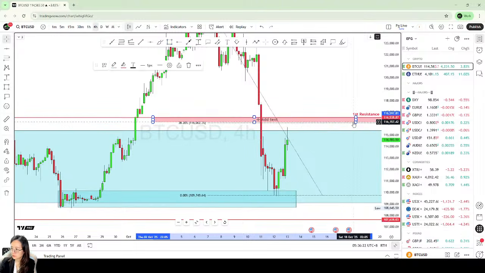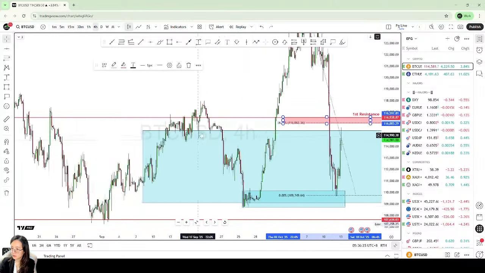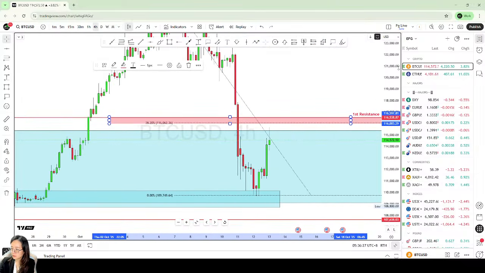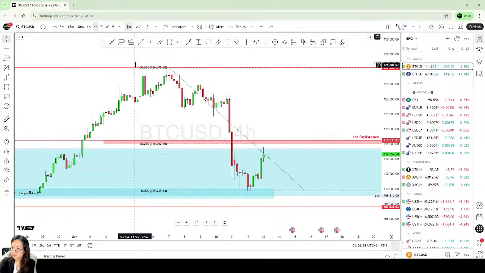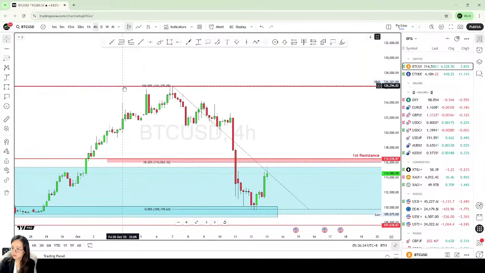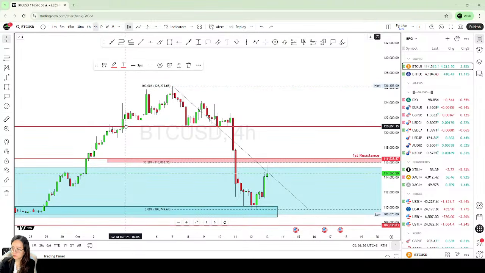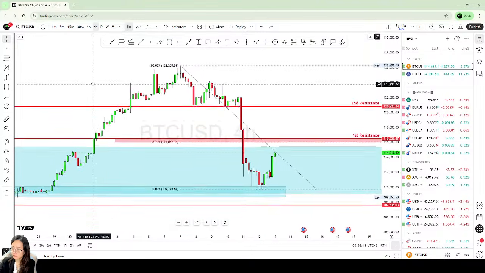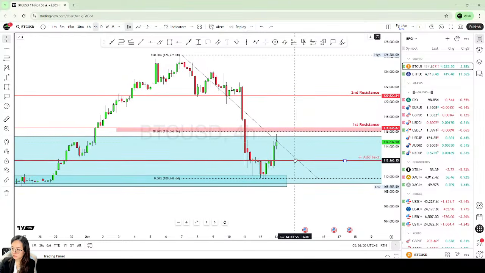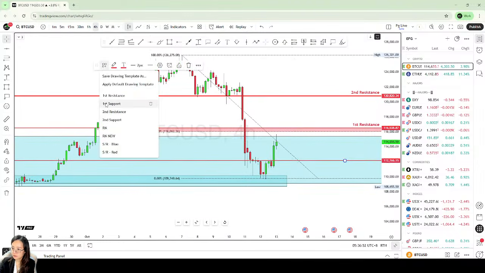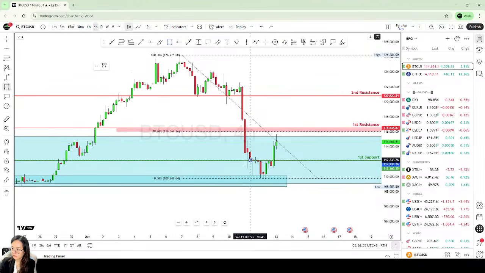Right here. I'm going to refer to 38.2%. Second resistance is going to be here. It's going to be first. The support I'm going to put here, and below that we have the OB here.